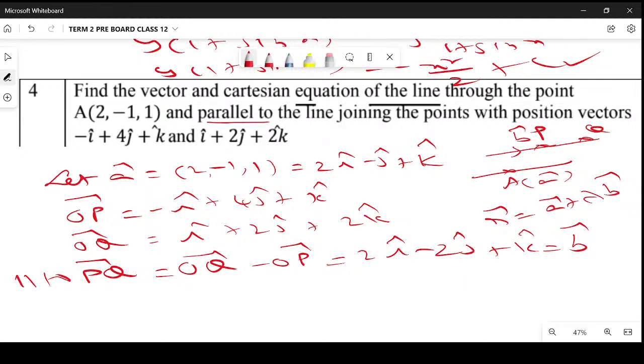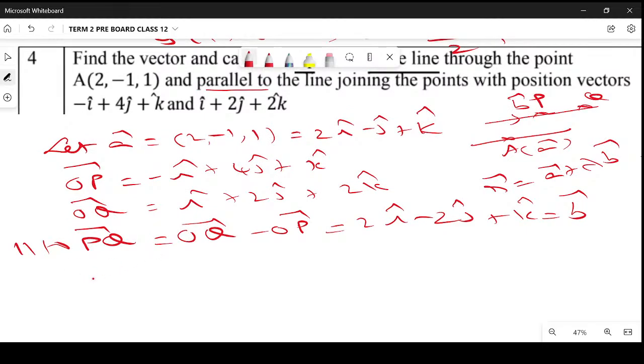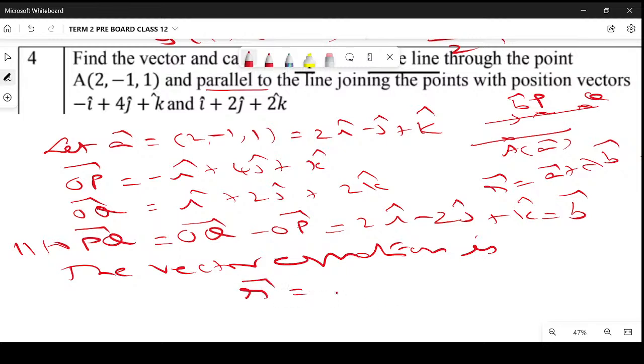Now I can write the vector equation. The vector equation is R bar equal to A bar plus lambda B bar, where lambda is a scalar.